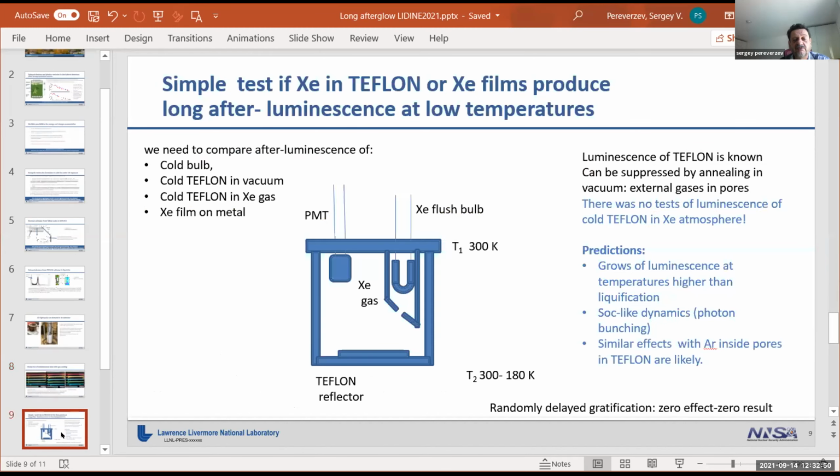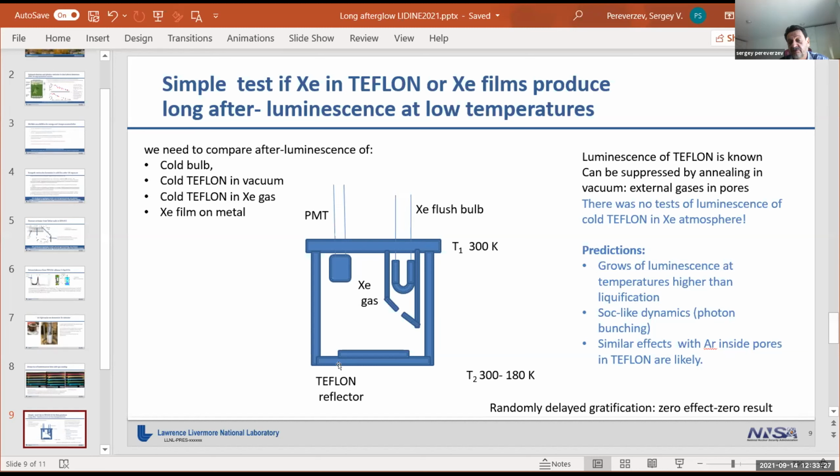It's possible to check this. The most direct experiment, of course, is to measure the spectral composition of this light. It should be different from xenon luminescence, but a qualitative experiment is possible in gas. If I have photomultipliers and a spark bulb in warm gas, and then at the bottom I have a Teflon reflector, I can cool the bottom of this vessel and keep the top warm.